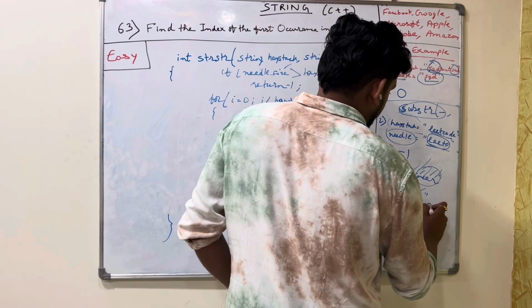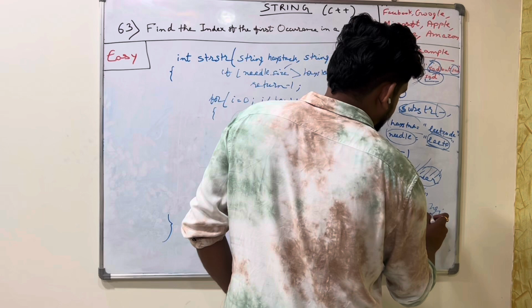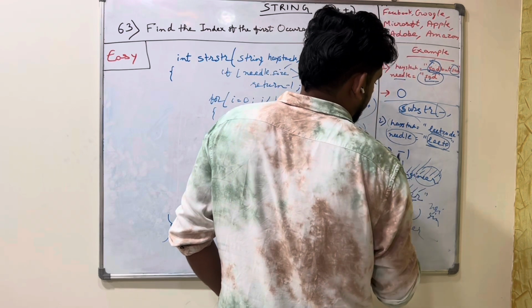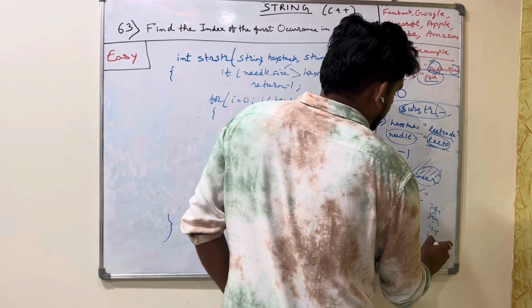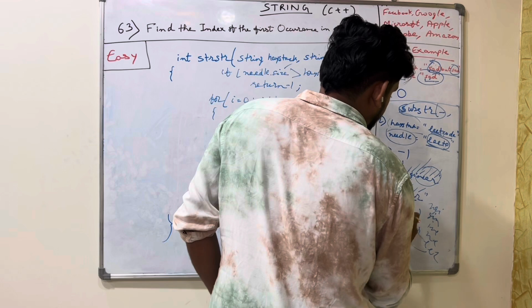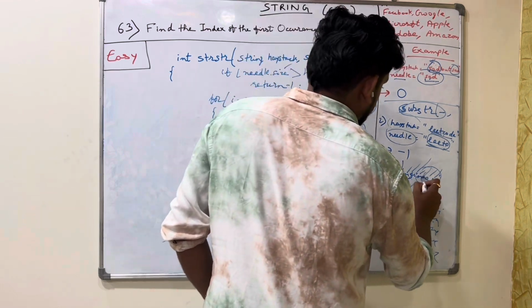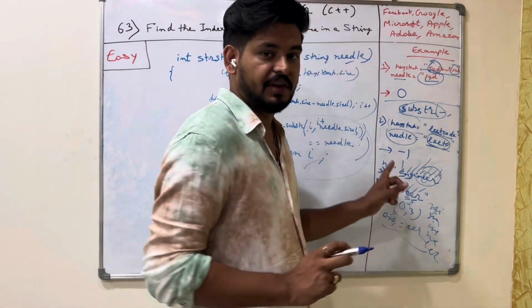So from NGI, we'll check, is NGI equal to EER? No. Then we'll check GIN. Is GIN equal to EER? No. INE, is it equal to EER? No. NEE, is it equal to EER? No. Then EER, yes, it is equal. Then starting with E, we'll return the index of E, that is i.